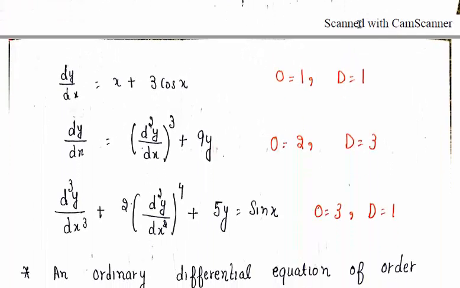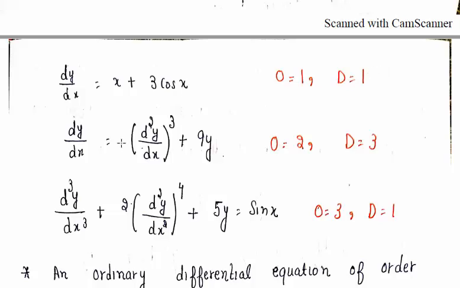For example, we have the equation dy over dx equals x plus 3 cos x. In this, dy over dx is the highest order derivative. So the order of this derivative is 1, so order is 1, and the power of this derivative is again 1, so degree is also 1.